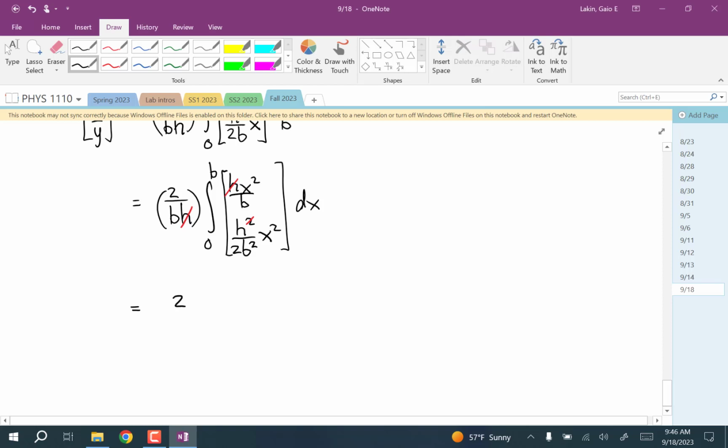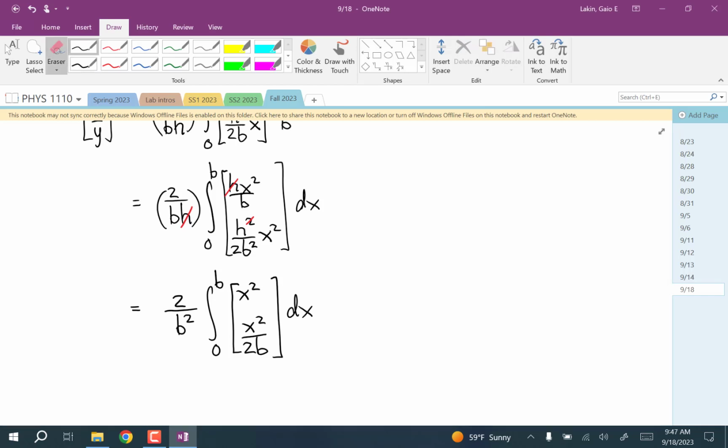So we have 2 over b squared times the integral of x squared and then x squared over 2b. Does that look right? h x squared over b. H, yes, thank you.